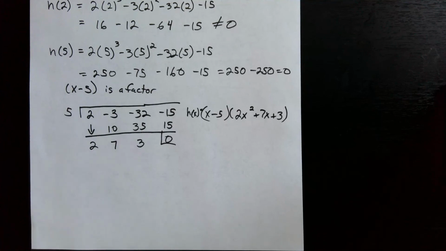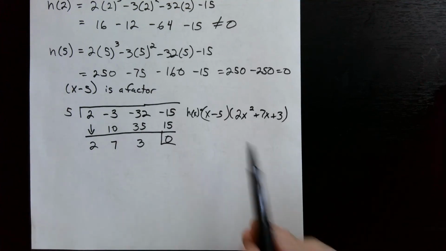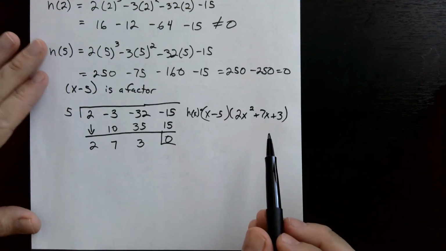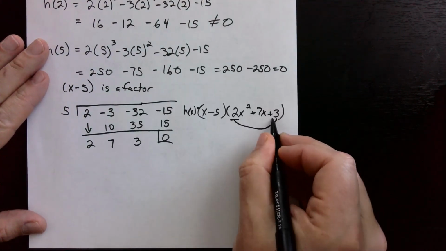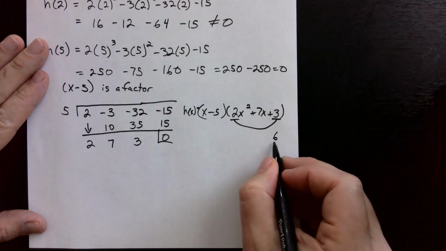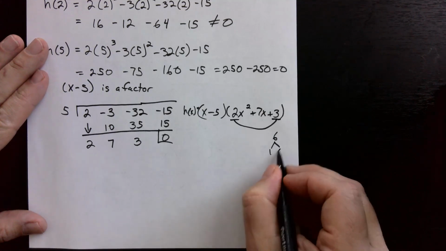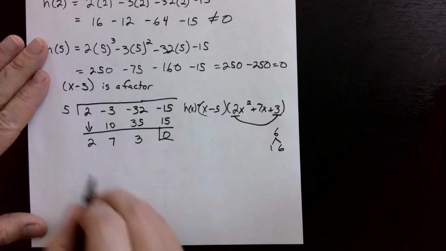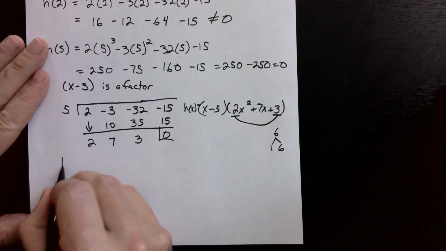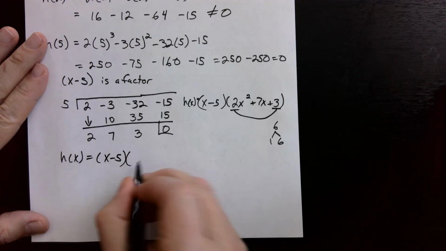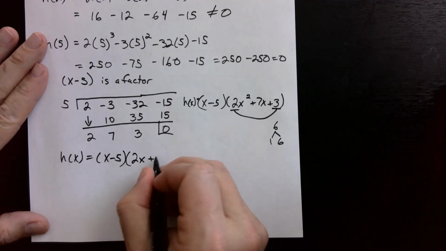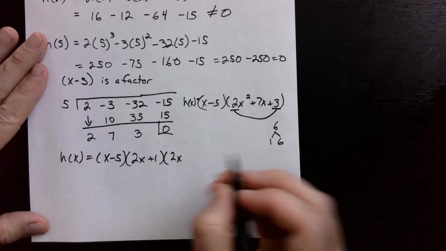All right, now we need to figure out how to find the other zeros. The easiest way is to do factoring, but the factoring doesn't always work, so let's see if it does this time. We multiply those two, we get 6. Two things that multiply to 6 but add to 7, that's 1 and 6, so it does work. So this factors into x minus 5, and then 2x plus 1, 2x plus 6.